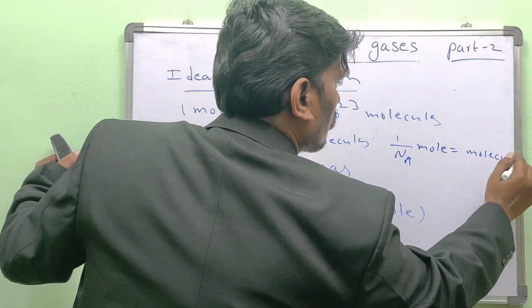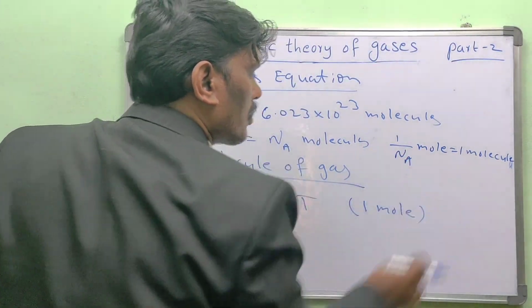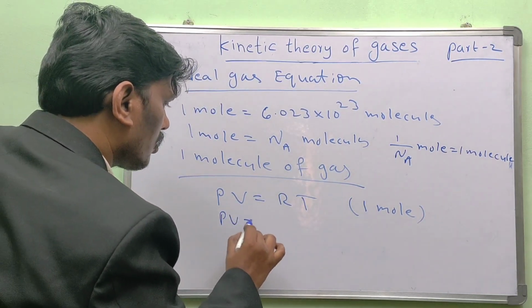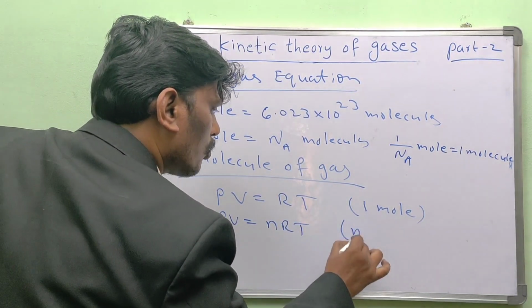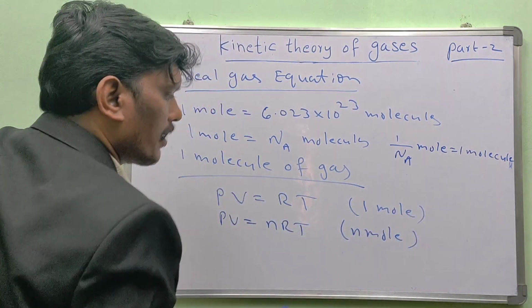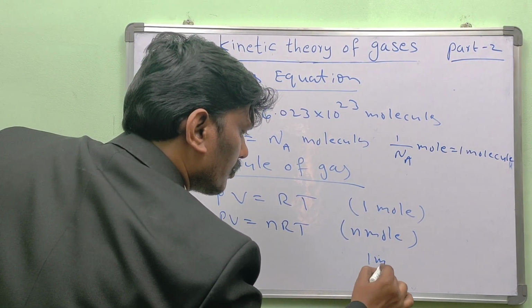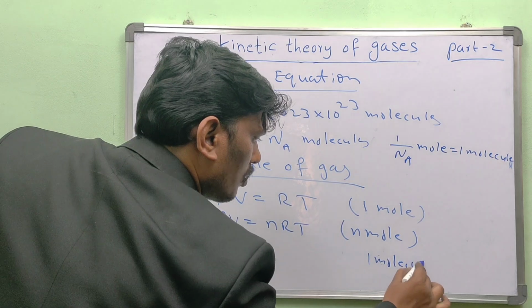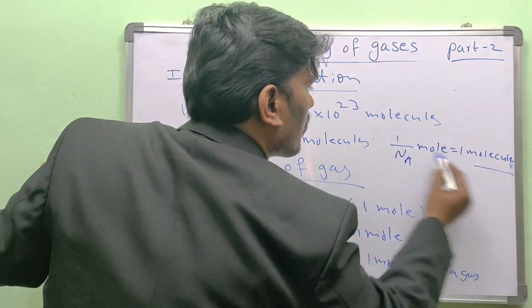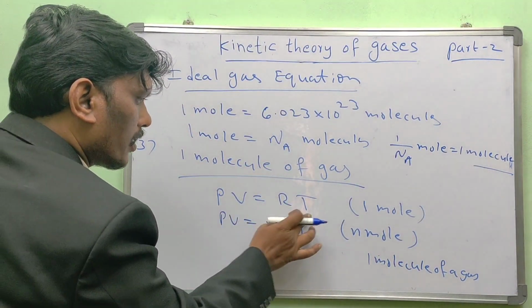PV is equal to nRT for n moles of gas. But if I require 1 molecule of a gas, what is the meaning of 1 molecule of a gas? It is 1 by Na mole.